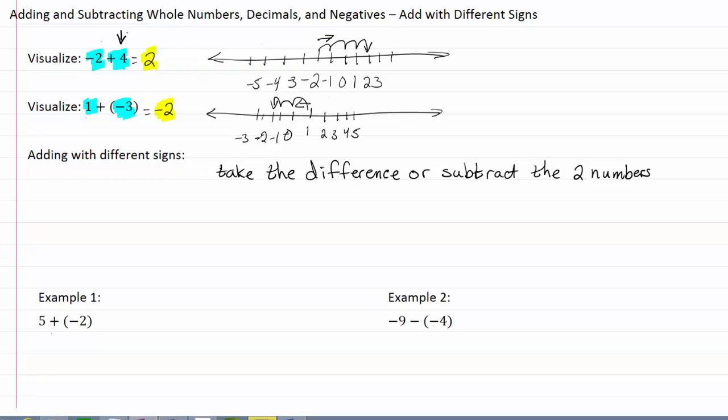Our 4 is also positive. And we got a positive answer. In our second problem, -3 is bigger than 1. It has a distance that is farther from 0 than 1. And our answer was negative.